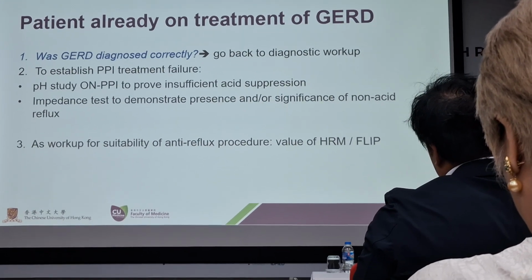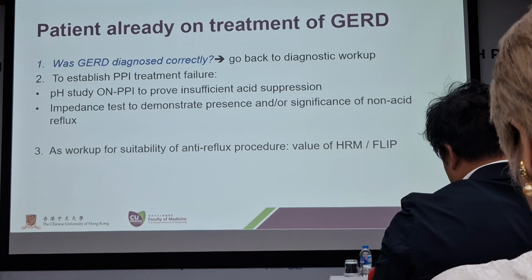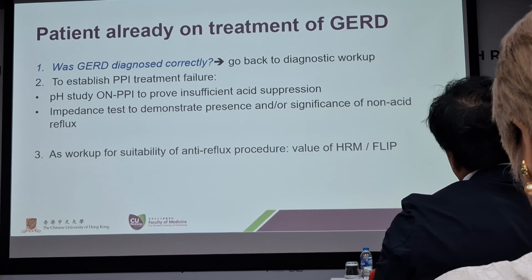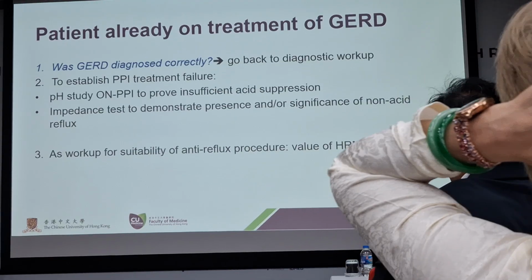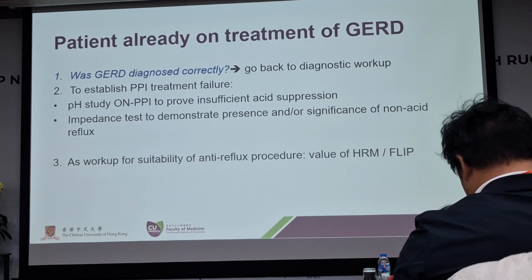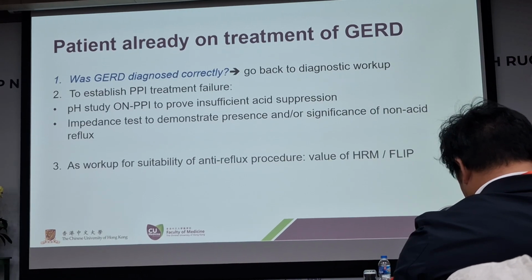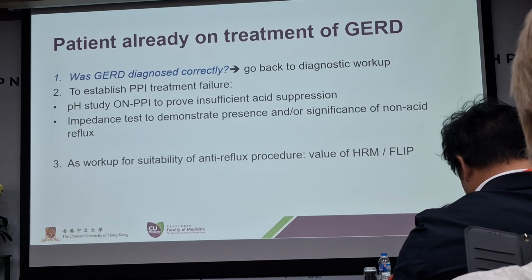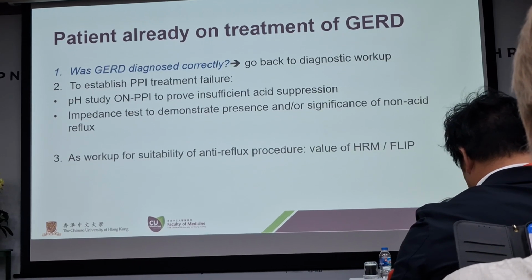On the other hand, if the patient is already on treatment for GERD and is referred to us, for example, with some persistent symptoms, what to do? You want to ask yourself, I was asking myself, was the GERD diagnosed correctly in the first place? If it was not meticulously diagnosed, probably you want to go back to the diagnostic workup and see if you need to do anything to diagnose the GERD or see whether the patient has something else.